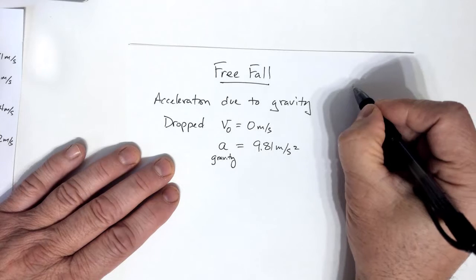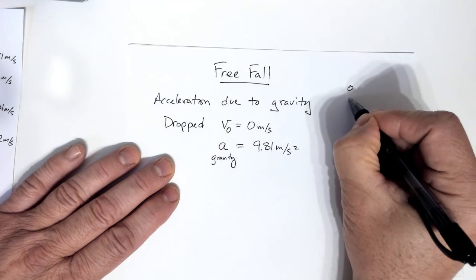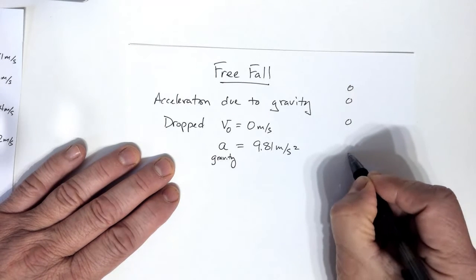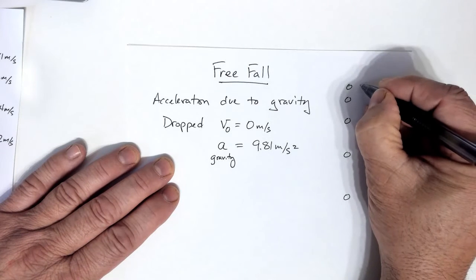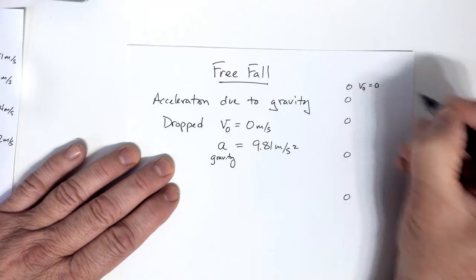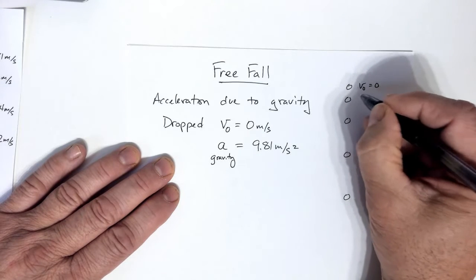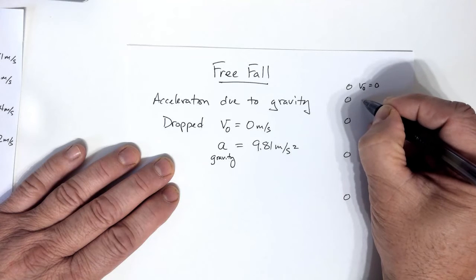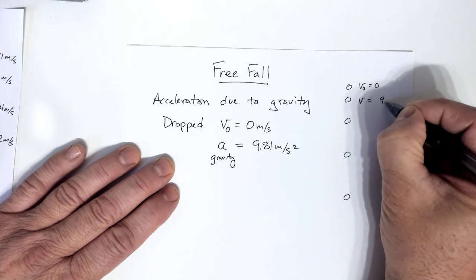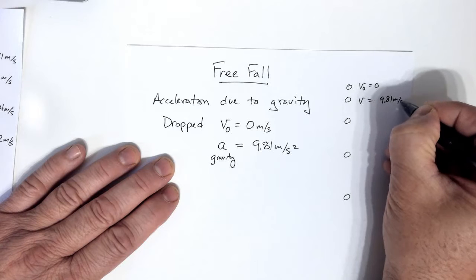So if you drop something, it begins to speed up and go faster and faster and faster. Okay? So its original speed will be 0, but then once it falls a second, it'll be at a new speed of 9.81 meters per second.